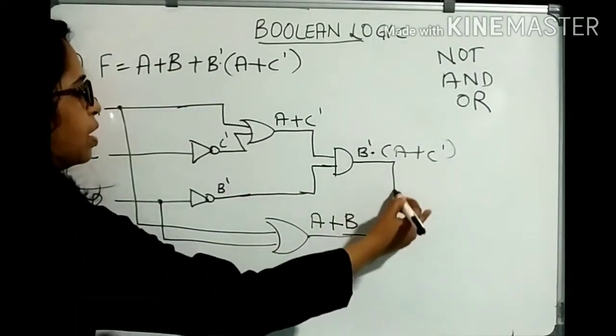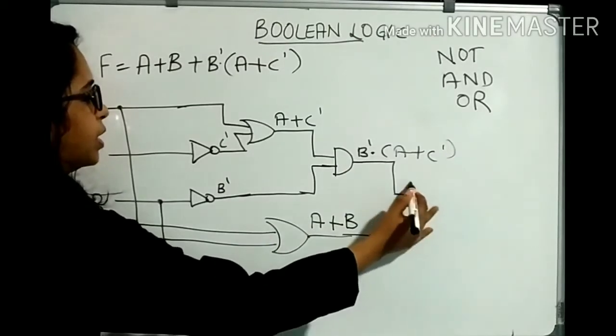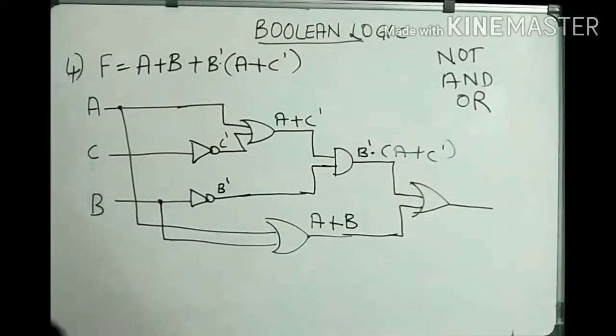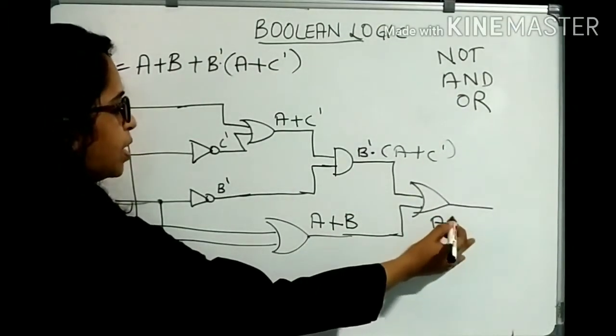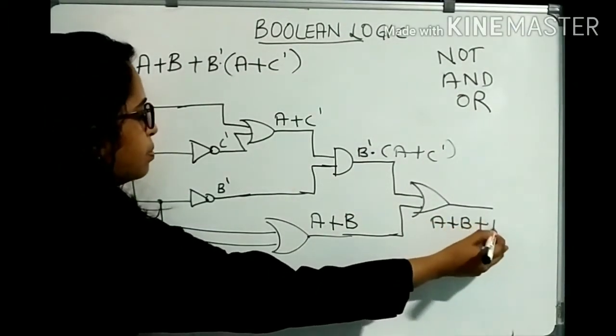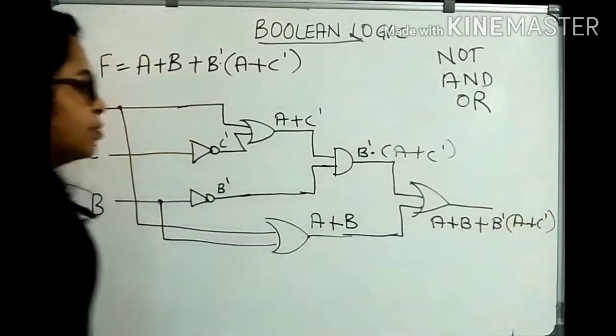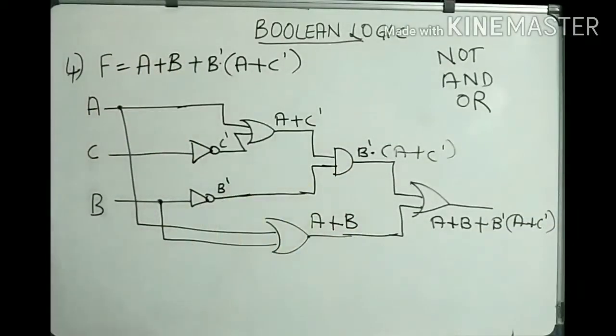So again you can write it like this: OR. That is A plus B plus B dash A plus C dash. These two things are being ORed. Fine. Hope it is clear.